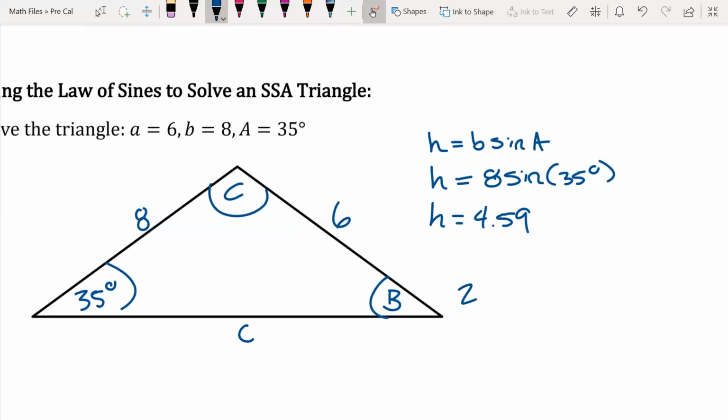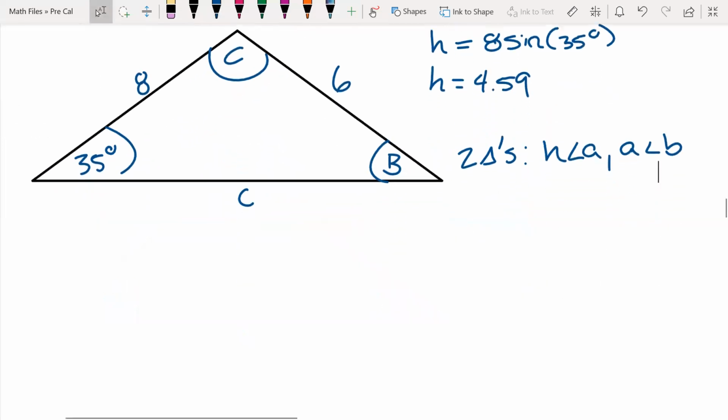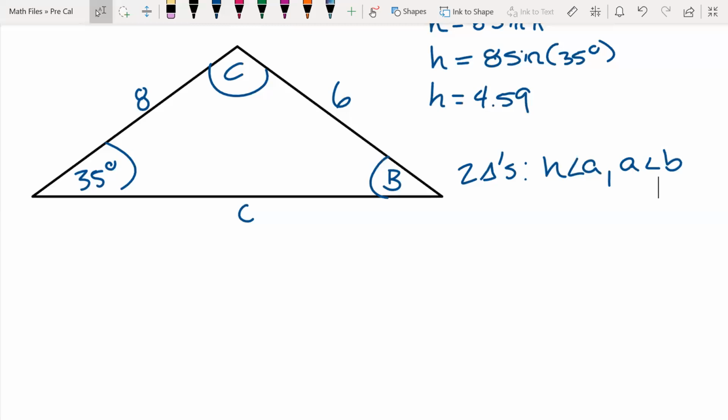Height is less than A, and A is less than B. Words are hard. Okay, so we have two triangles.